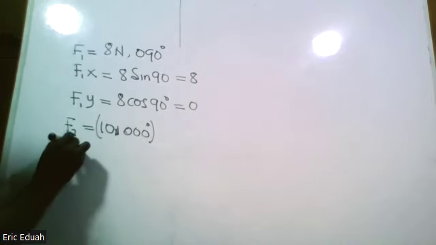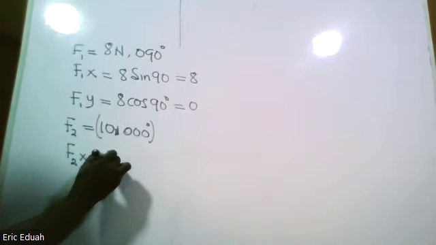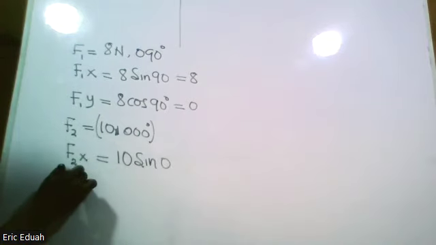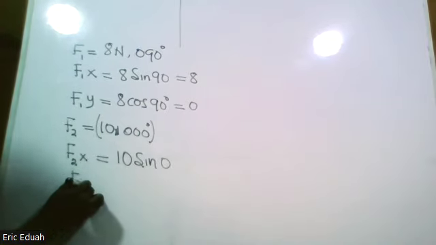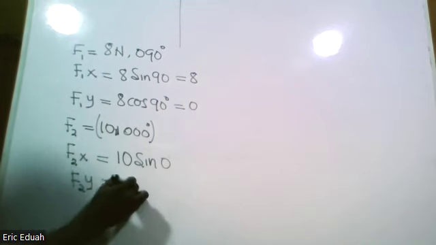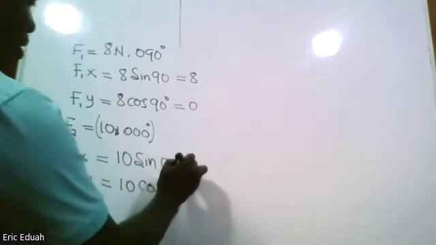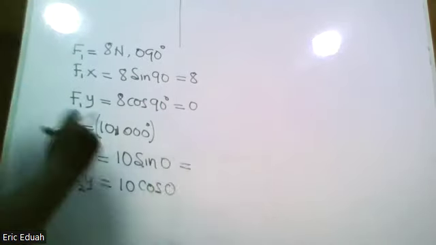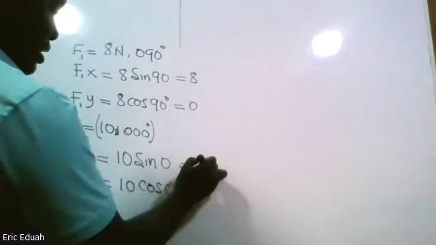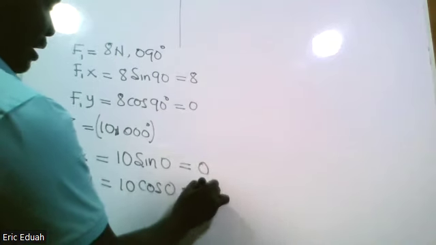So F2x will be equal to 10 sine 0, and then F2y would also be equal to 10 cos 0. Sine 0 is 0. Cos 0 is 1.